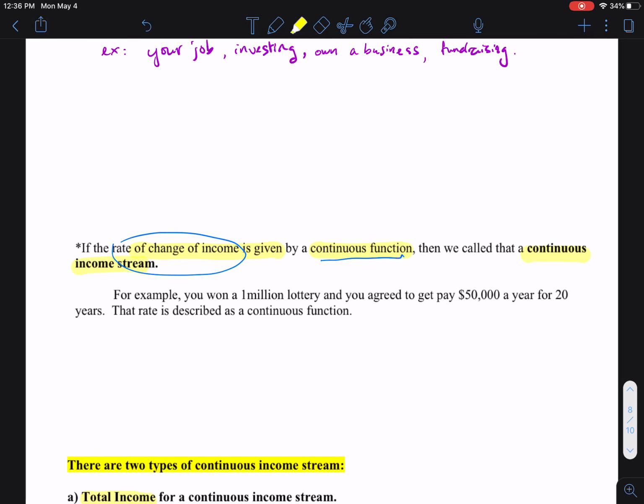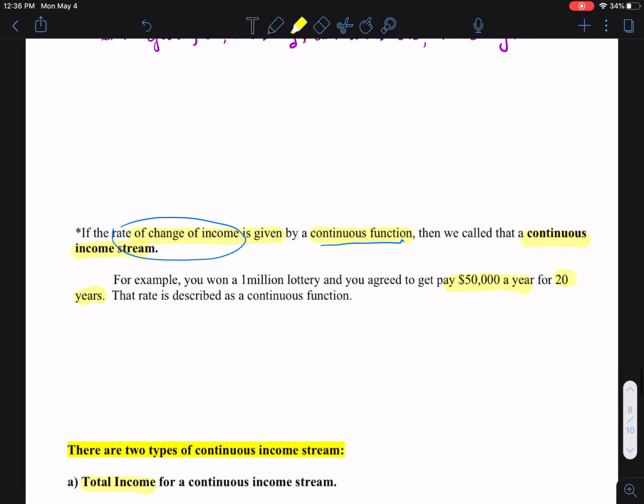For example, if you won a 1 million lottery and you agree to get paid $50,000 a year for 20 years, we can say let f of t be equal to 50,000.